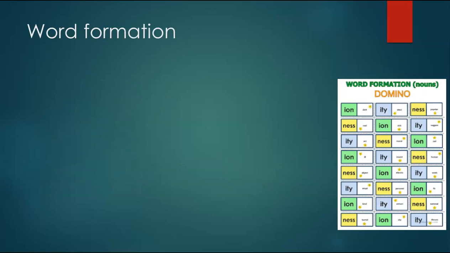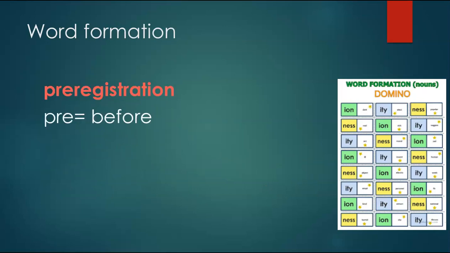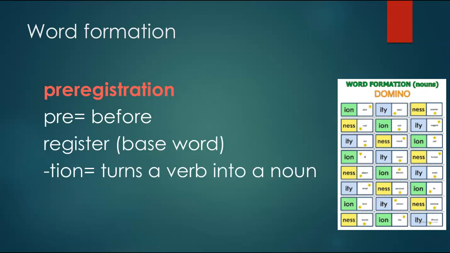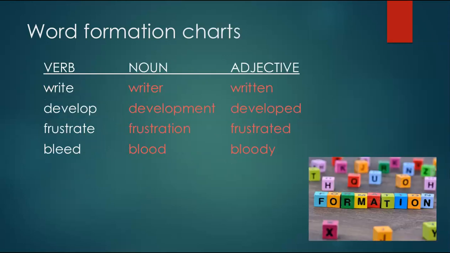So for example, the word pre-registration, pre, before, register, that's the base word, and then tion turns a verb into a noun. And so teaching that kind of word formation can be really helpful and important because once students learn what those suffixes mean, they can transfer that knowledge to other words.